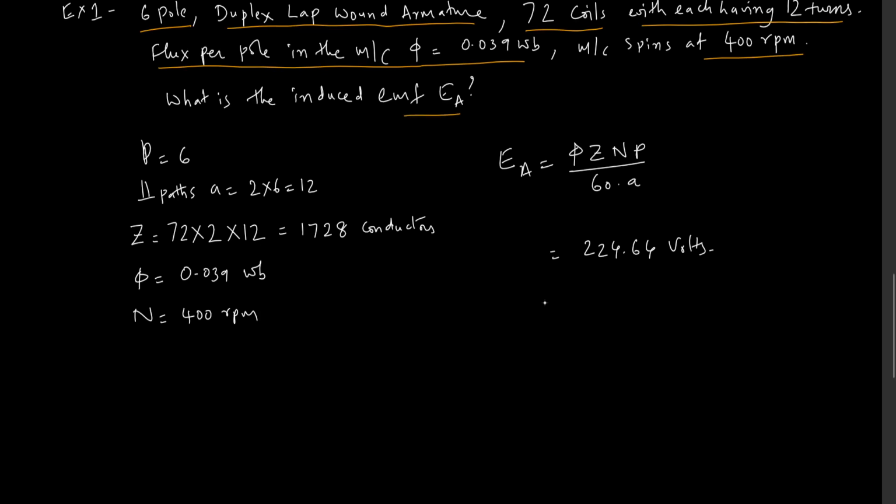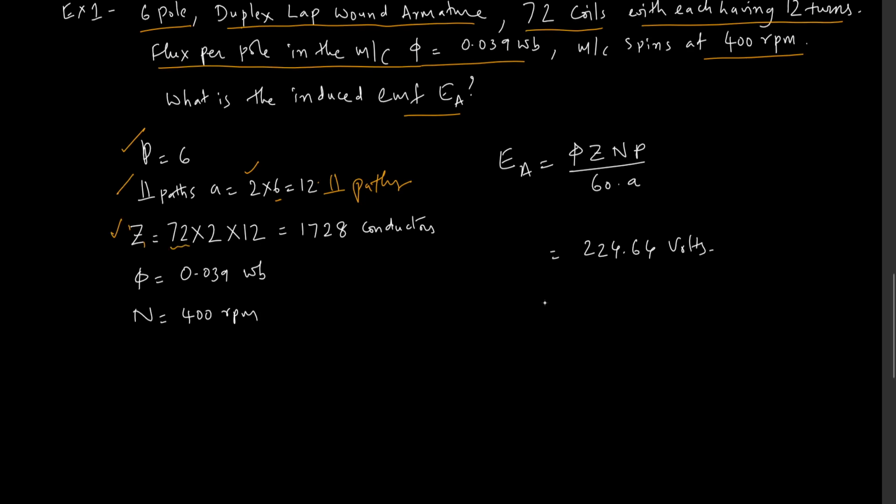I have P equals 6 poles. For the number of parallel paths, it is duplex lap winding, so duplex multiplied by P, 6, gives 12 parallel paths. How do I calculate the number of conductors on the armature?